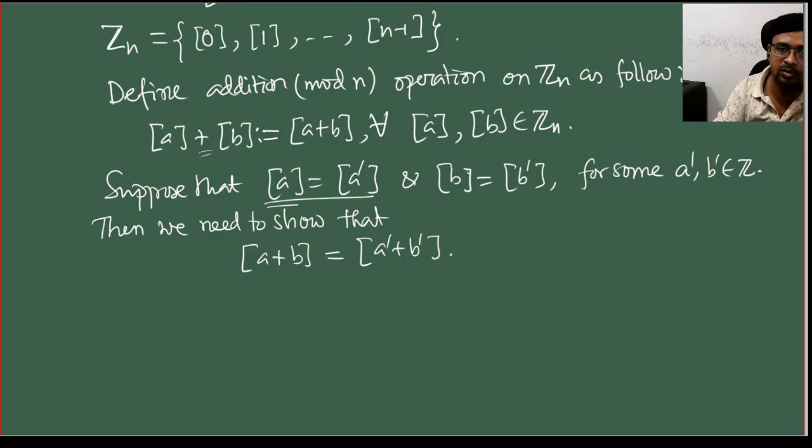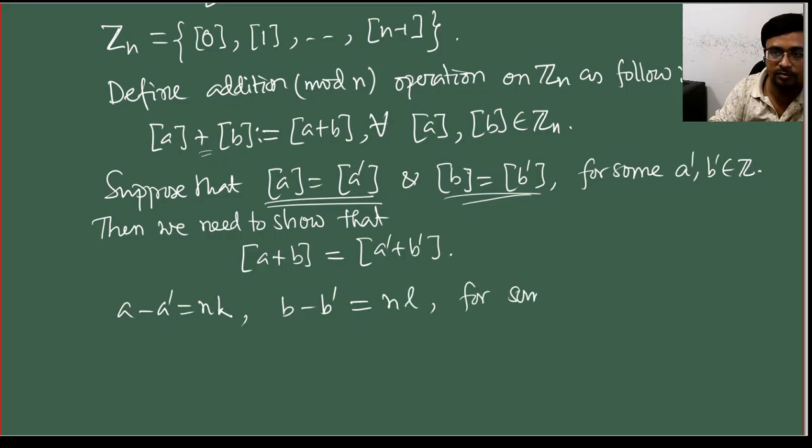We are given that class of a equals class of a prime. From this you get that a minus a prime equals nk, and from this you get that b minus b prime is equal to nl, for some k, l in Z, right?